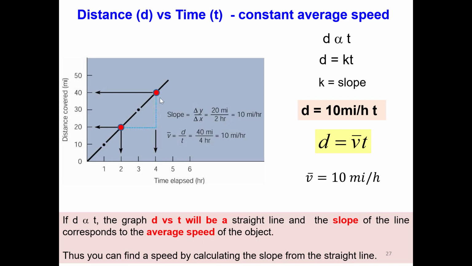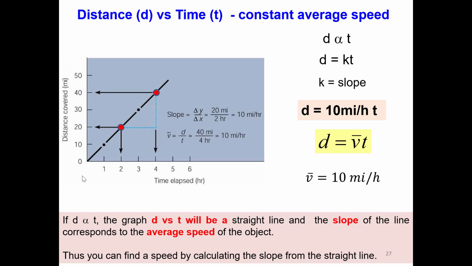Why? Because we got a straight line. And we know the general equation when two variables are directly proportional is, in this particular case, d is y and t is time.